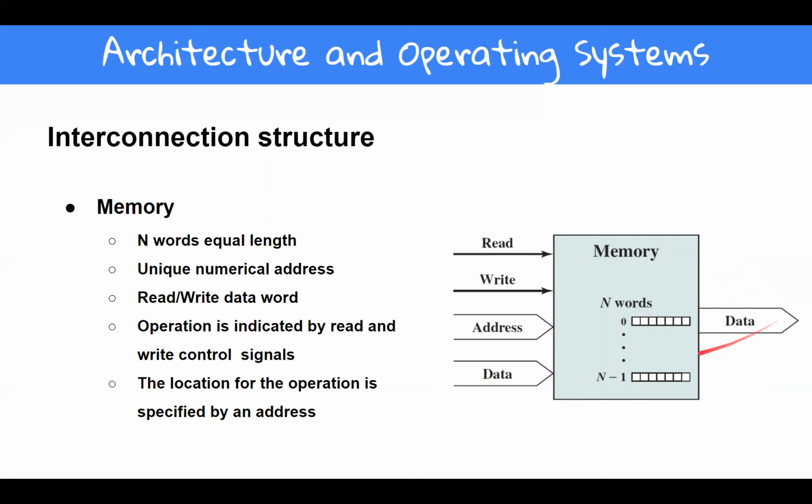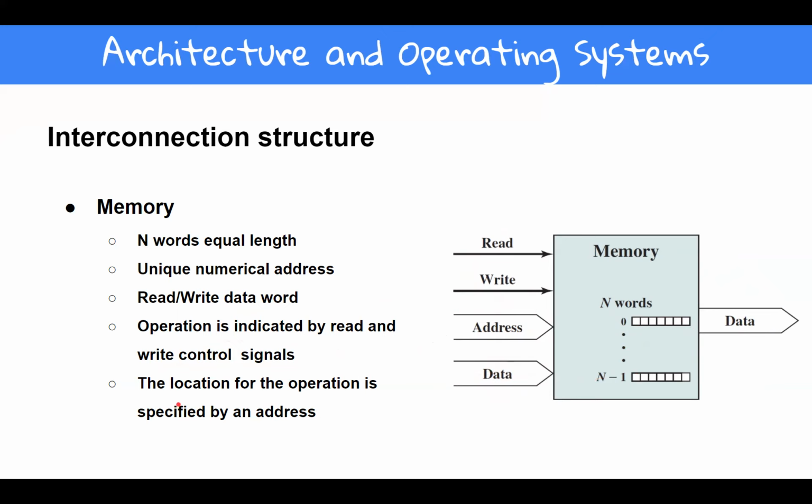Also, when you are reading data, it means that the output of the memory is data. So the operation is indicated by read and write control signals. Do I need to write or read from the memory? So we need to send signals, but we've got to find the address. We should be able to write data on the memory, and also we should be able to read data from the memory.